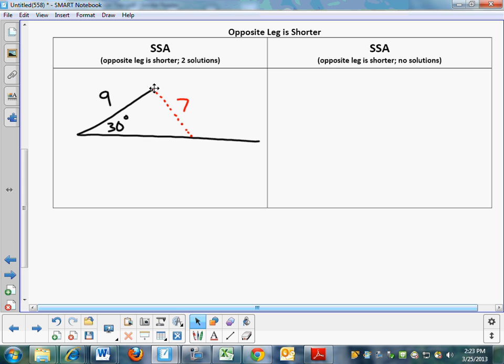That's one side of length 7 that I can draw. But watch what happens here. If I draw that segment, would everybody agree now that that is a triangle that has one length of 9, one length of 7, and an angle that is 30 degrees, not in between the two sides? Do you agree? Watch what happens here.